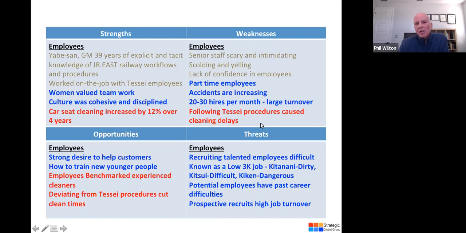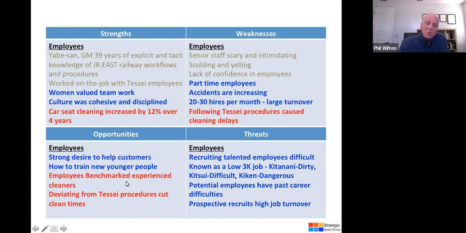So when we go back and look at the weaknesses again, one of the things we found while going through the case study was that the Tessai cleaning procedures for the trains coming in, the seat cleaning, was causing delays.